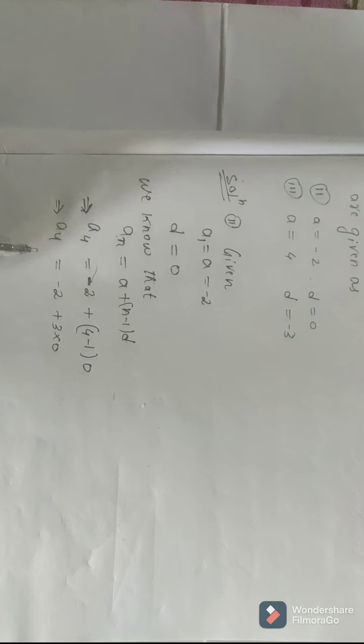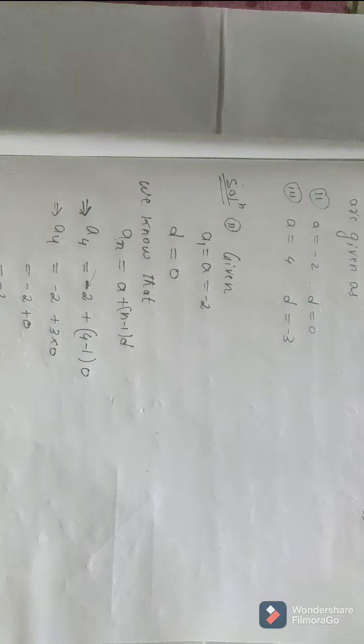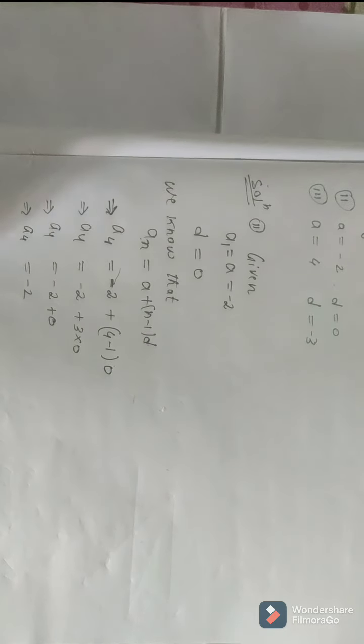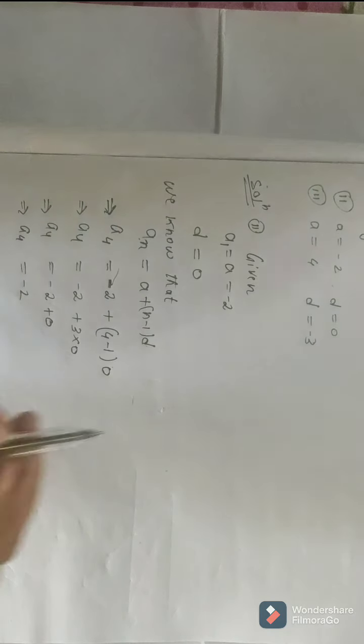Now after solving it, we'll get 4 minus 1, 3 into 0. So it is -2 plus 0. So what? -2. Required 4th term of AP is -2.